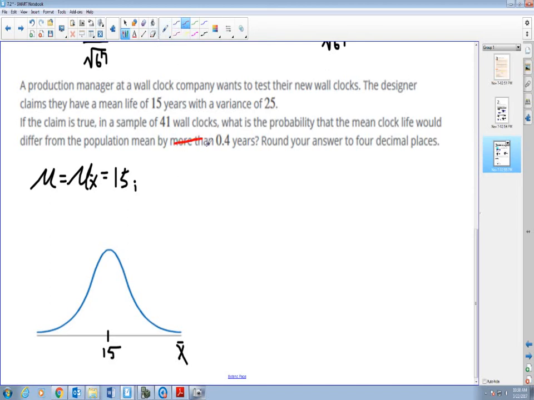If I take off the word "more than" again, what's differ by the true mean by 0.4 years? So differ by 0.4 means more than 0.4. That'll be 15.4 here. Differ by 0.4, that can be 15.4 or 14.6.